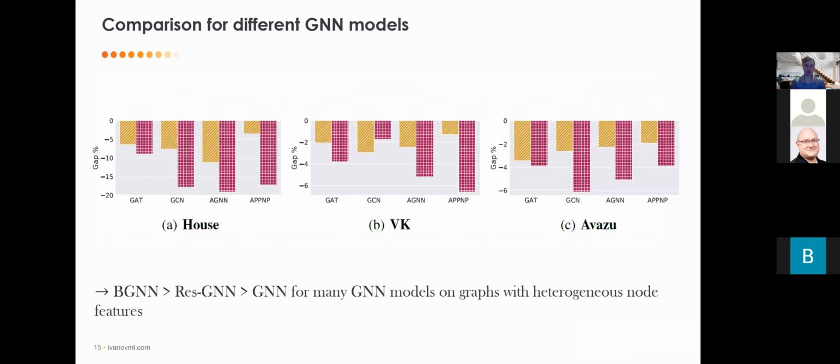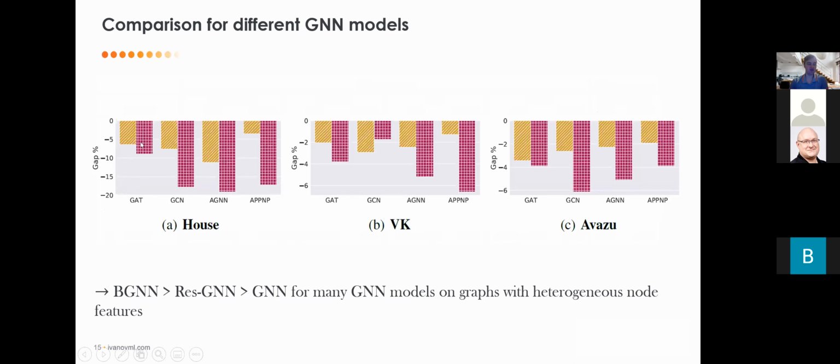And we tried an experiment where we compare different GNN models, to see if the results hold for different types of GNN models. When we use graph attention network, the yellow one corresponds to ResGNN, and the red one corresponds to BGNN. We look at the improvement over the pure vanilla GNN.